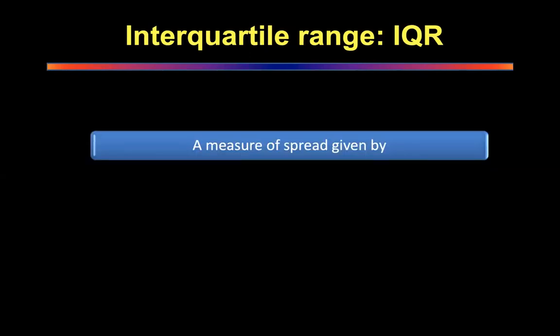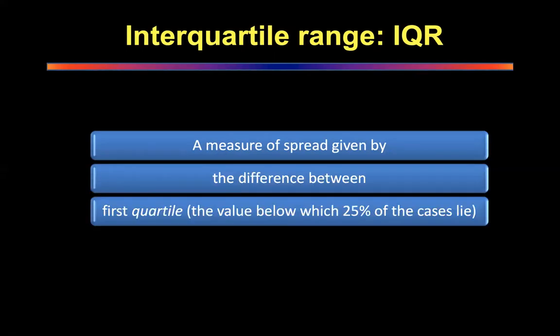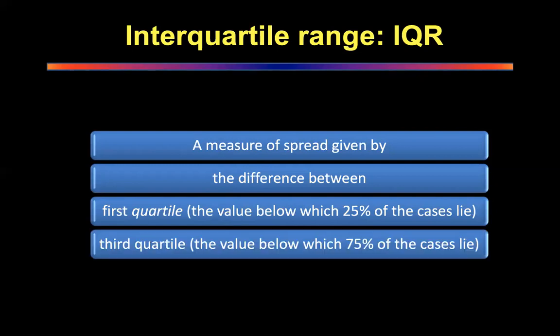Interquartile range is a measure of the spread given by the difference between the first quartile and the third quartile. So between 75 and 25, if 100 is the number of values you've got, whatever you've got, that is called the interquartile range.